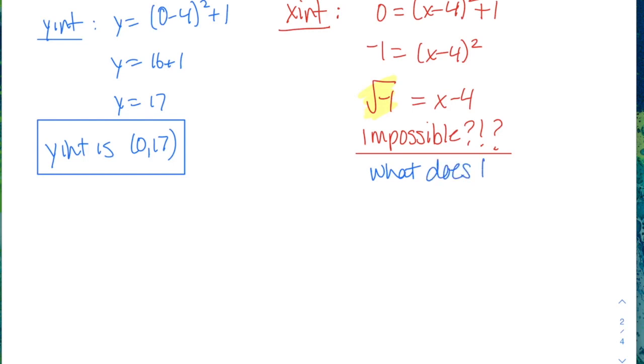Does this mean that there is no parabola? Well, I hope we've done enough graphing to figure out that that's not true. There is a parabola here, and in fact, we're going to graph it.